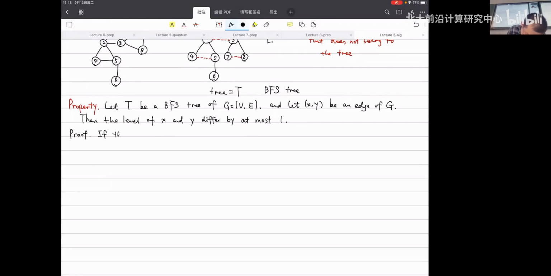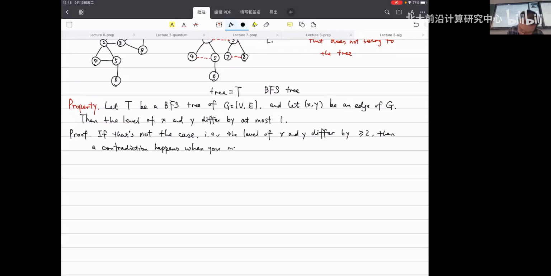So if that's not the case, it means that if this is not true, then the levels of X and Y differ by at least 2, and then a contradiction happens, when you move from the small layer to the large layer.